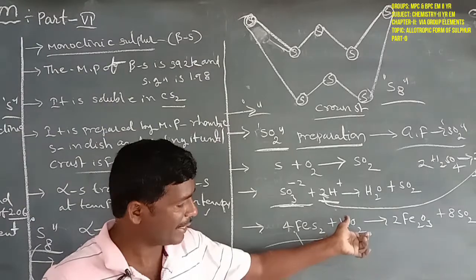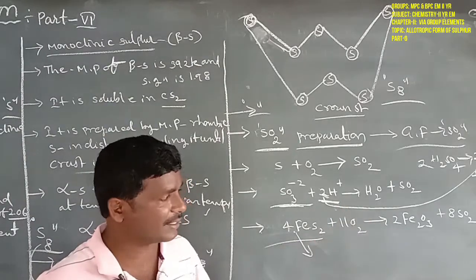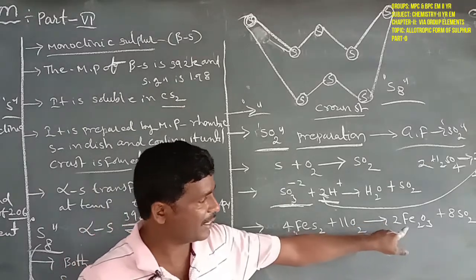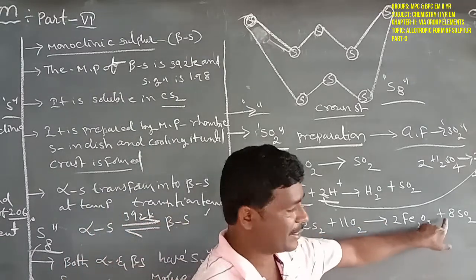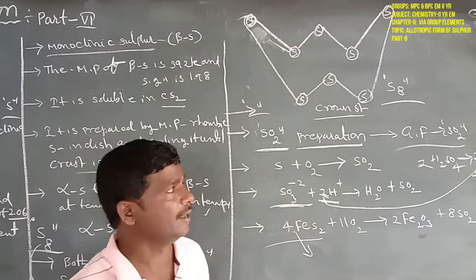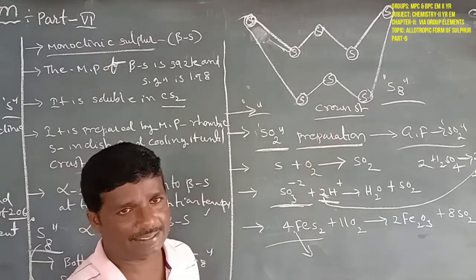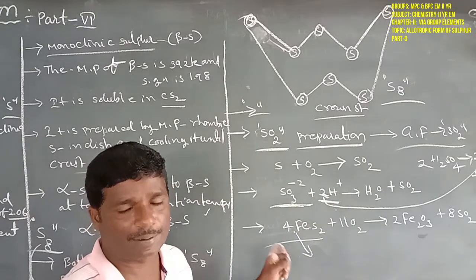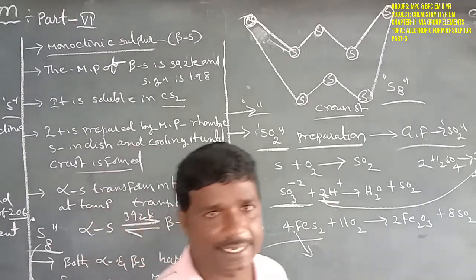Burning with oxygen forms iron oxide and 8 moles of sulfur dioxide. That is the preparation of sulfur dioxide in 3 reactions.